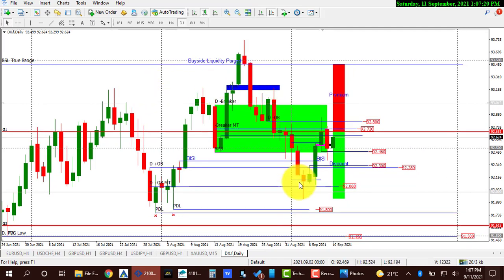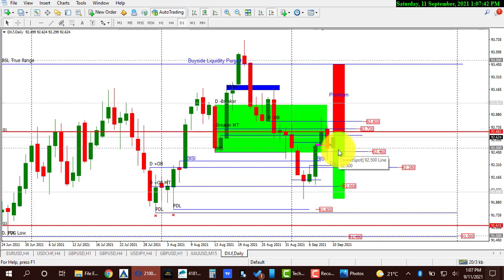After price had retraced, I was expecting that we tackle these lows, this low, that low, this low, and then we had that news coming in and it just moved price up.